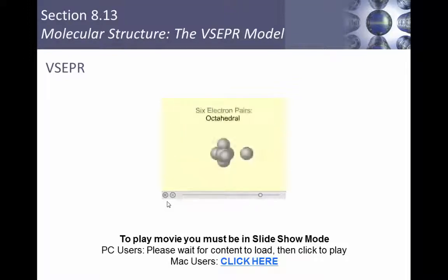Six bonding electron pairs around the central atom result in an octahedral structure. Sulfur hexafluoride has an octahedral structure. The bond angles in an octahedral arrangement are 90 degrees.